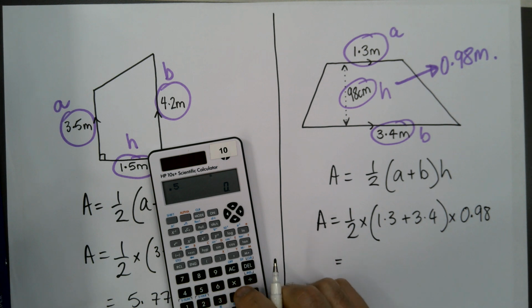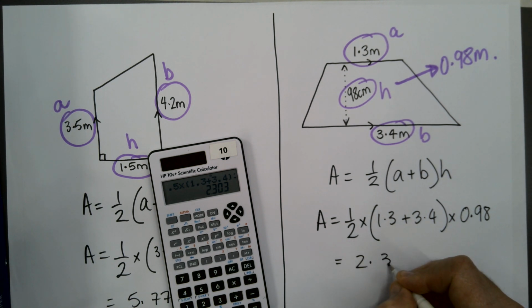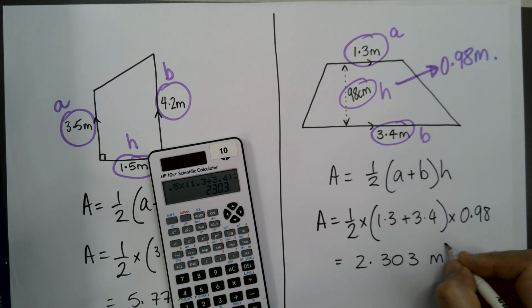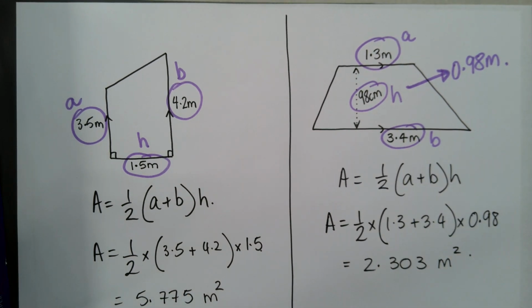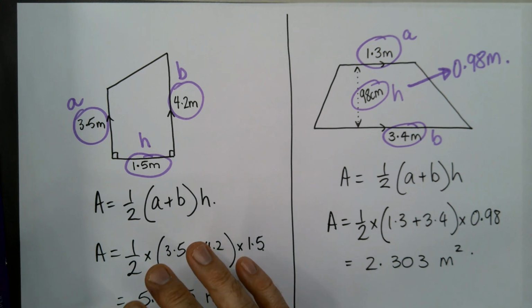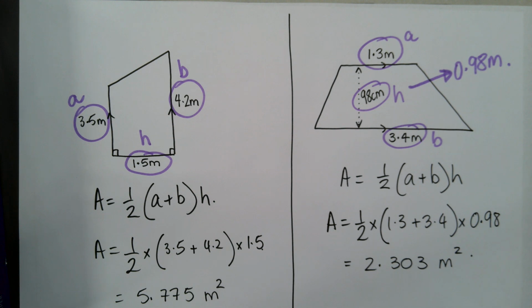A half is just 0.5 times, open the bracket, 1.3 plus 3.4, close the bracket, times 0.98. Okay, 2.303 meters squared. Done. That is how you do the area of a trapezium. Like I said, draw on the diagram. It's going to make life easier for you, I believe.